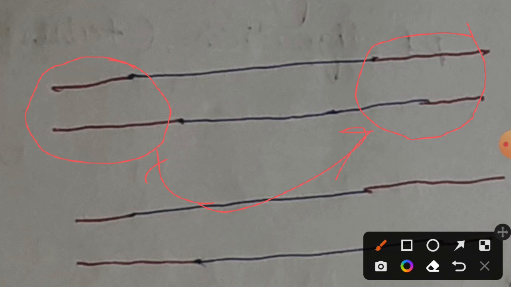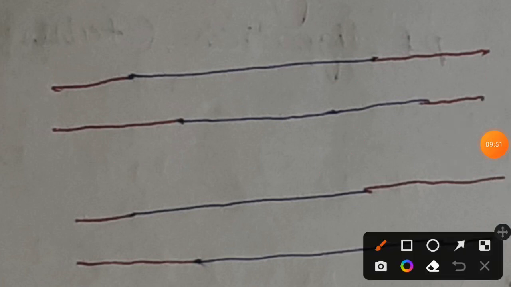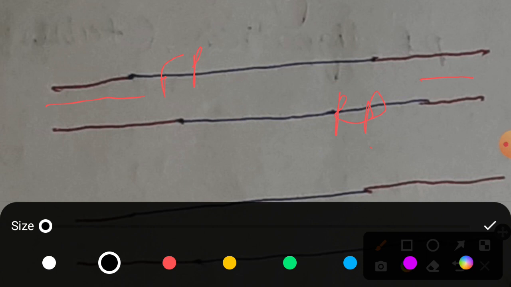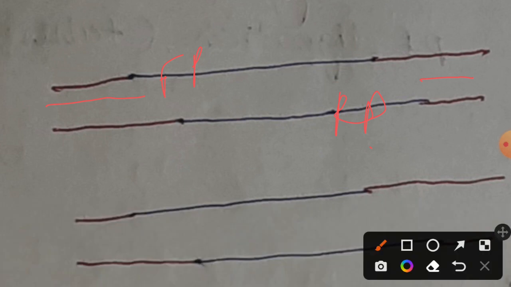Now, as we know what kind of adapters we have used, it is very easy to construct a primer on the basis of the adapter, right? So this is our forward primer and this is our reverse primer. Those are the two important primers of PCR. We have discussed this in the PCR video. If you don't know what PCR is, then I recommend you go and watch the PCR video lectures, then it will be clear to you.